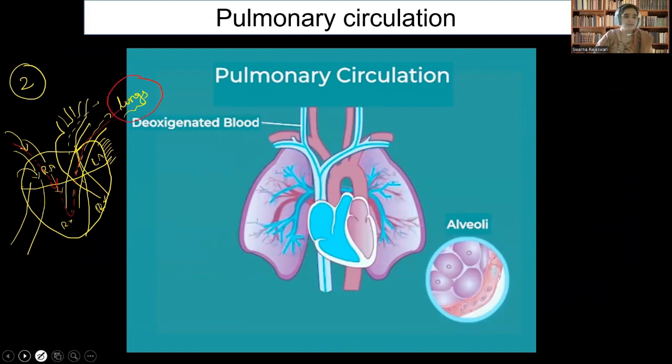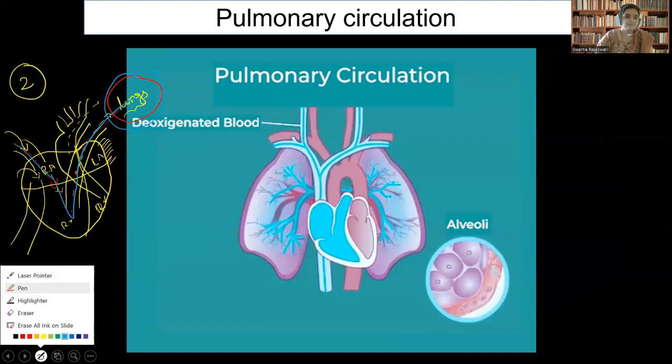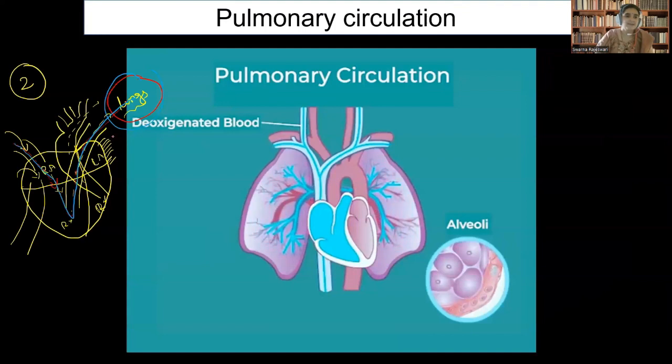That is impure blood, so I have to draw with blue color. The blood from outside is coming here and is going into the lungs for purification. Later it is purified, then the pure blood is carried from the lungs through the pulmonary veins, and from here it is distributed to the entire part of our body.